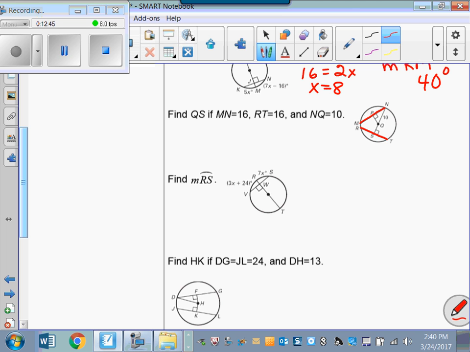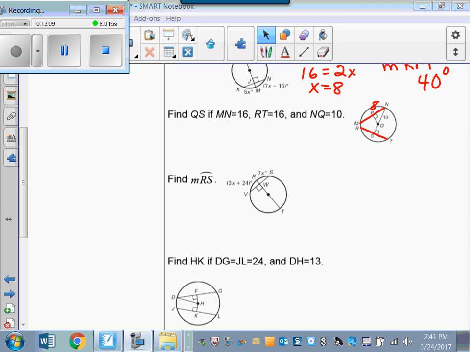Okay, I've got a little right triangle. If NQ is 10, and QP is going to bisect that chord because it's contained within the diameter, that means that NP is going to be 8.